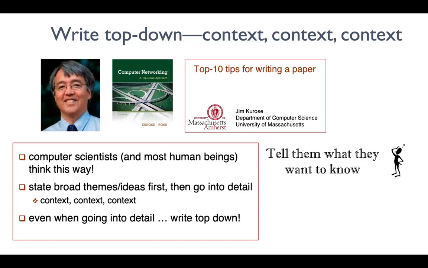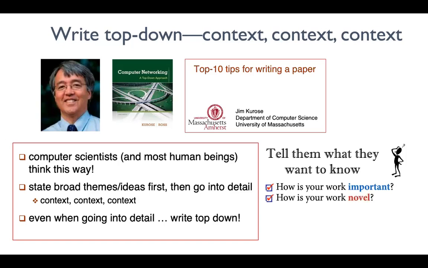So in other words, Jim Kurose recommends, and we concur, that it is the job of the author to describe things in a way that the audience or the readers are primed to receive, and also in a way they are motivated. In other words, we should describe the big picture. We should say why our work is important.